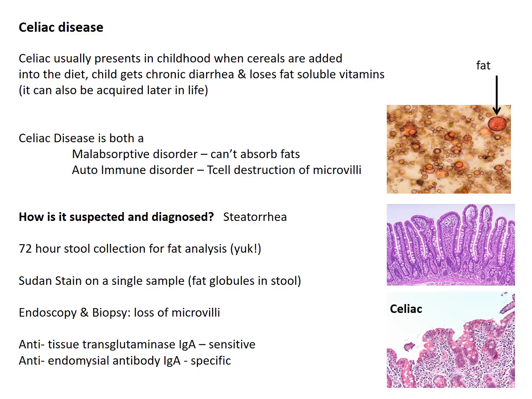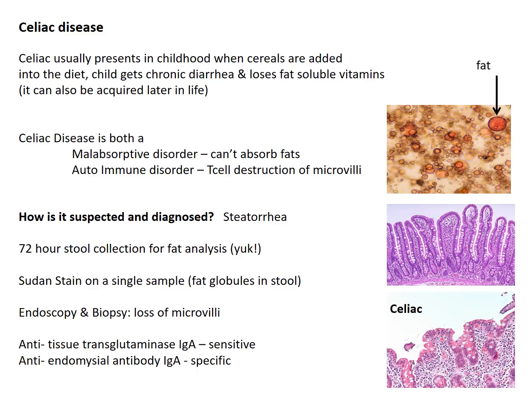But now endoscopy and biopsy of the microvilli is a confirmatory means to diagnose celiac disease. So in the middle picture, you can see a healthy small intestine, and in the individual suffering from celiac disease, you can see how that small intestine microvilli has been lost. And again, that's due to the T cell autoimmune process, which is attacking it.